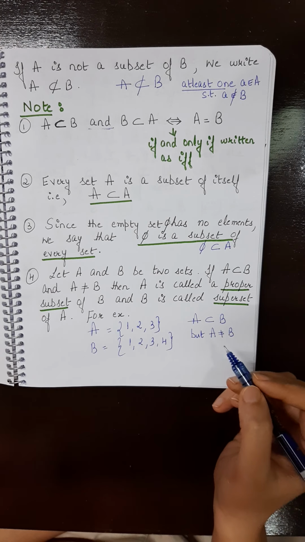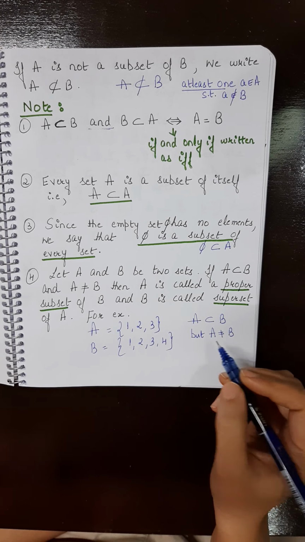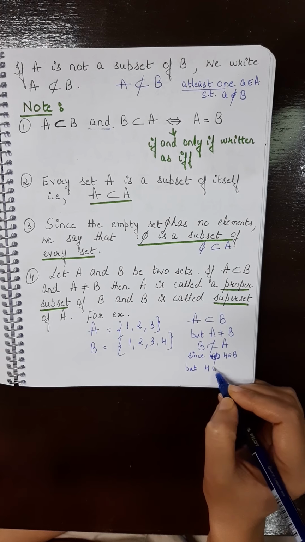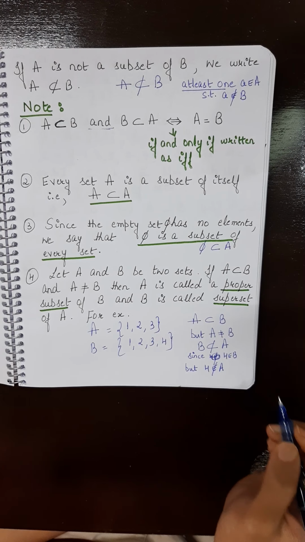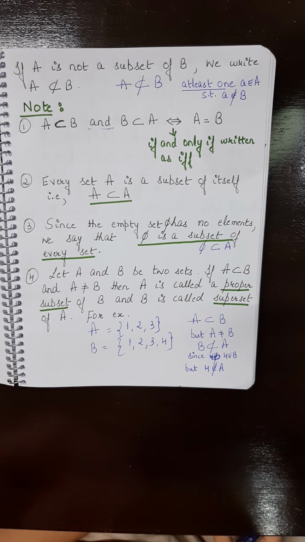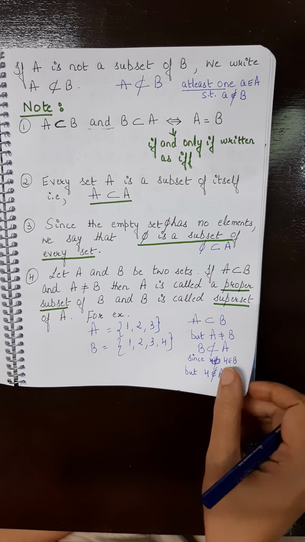Because B is not a subset of A since 4 belongs to B, but 4 does not belong to A. So therefore, A will be known as a proper subset of B and B will be known as a superset of A.